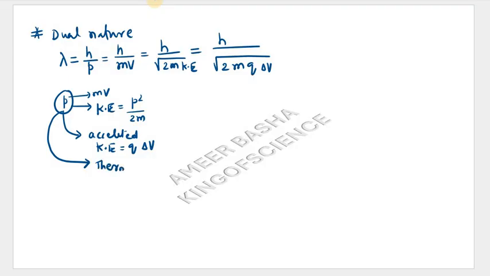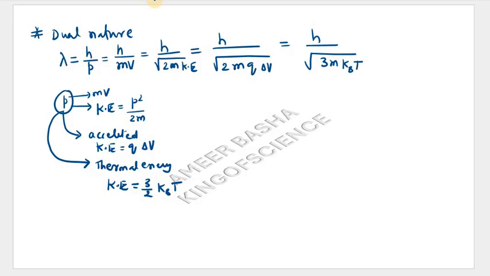If we are providing thermal energy, the kinetic energy due to its translational motion will become 3 by 2 kT. k is the Boltzmann constant here. So in place of kinetic energy, I can substitute 3 by 2 kT. Then the 2 cancels, giving square root of 3 m k T. T will be the temperature here, be careful.